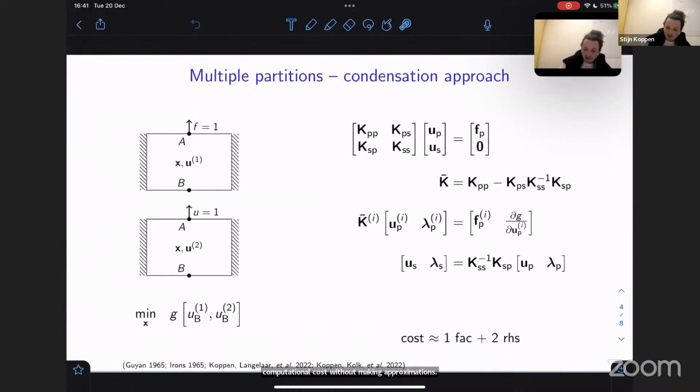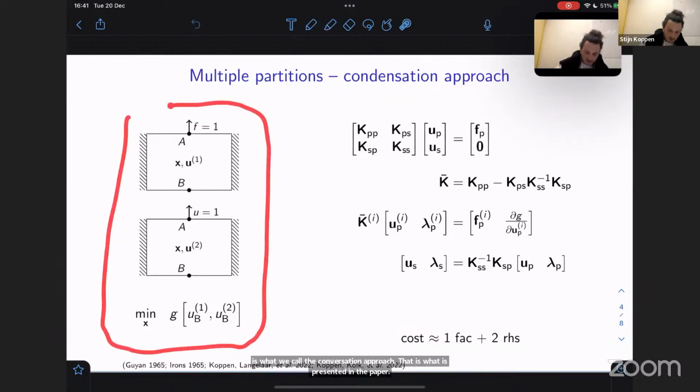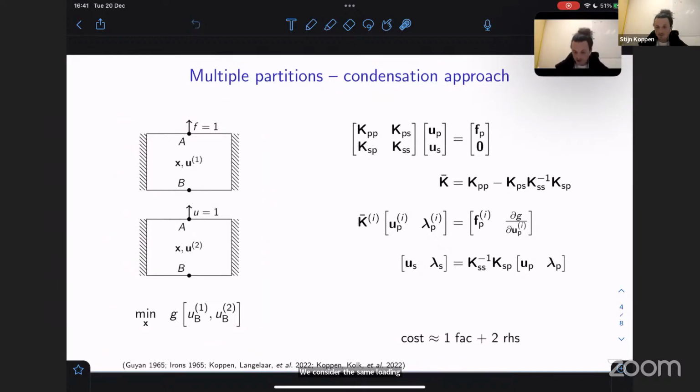And that is what we call the condensation approach. That is what is presented in the paper. We consider the same loading conditions and response functions for this minimum working example. And we're going to solve this in a couple of steps. And the first step is to identify the so-called primary degrees of freedom. And in this method, we define the primary degrees of freedom as all the degrees of freedom that, first of all, are relevant in the response functions.